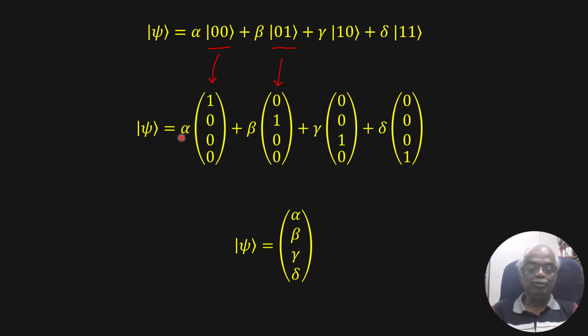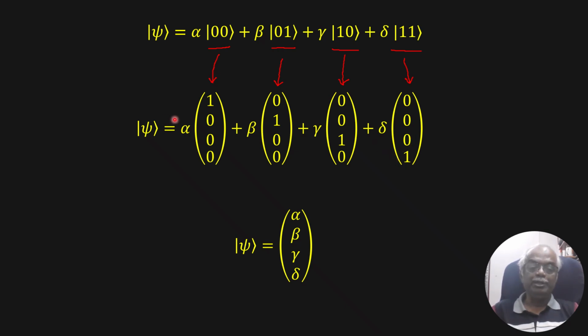Of course, you have coefficients alpha, beta, gamma, and delta here. Similarly, ket 1,0 can be written as 0, 0, 1, 0. Also, the ket 1,1 can be written as 0, 0, 0, 1.